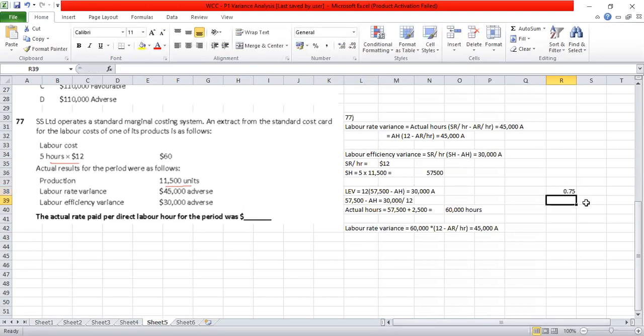So it is more by, is it 12.75? Yes, ma'am. Okay. So we would get actual rate per hour, it should be more by 0.75.